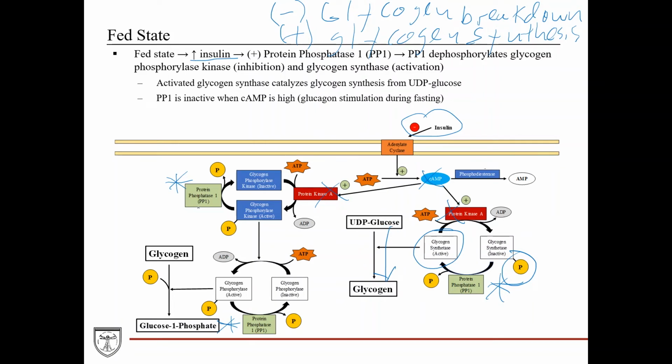On the flip side here, PP1 is going to take this phosphate off of glycogen phosphorylase kinase, which will render this inactive, which will then decrease activation of glycogen phosphorylase. And then any remaining active glycogen phosphorylase will have that phosphate taken off by PP1, rendering it inactive. And then as a result of that, you will be blocking glycogen breakdown. So again, it all comes back to these two end goals to help service the fed state.